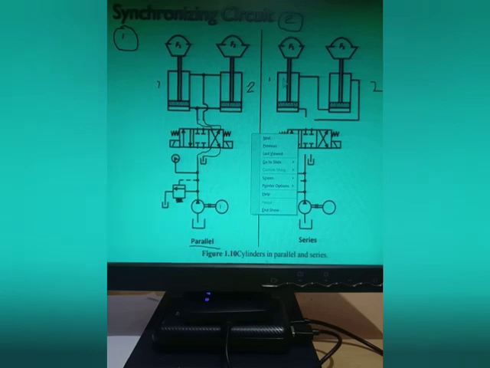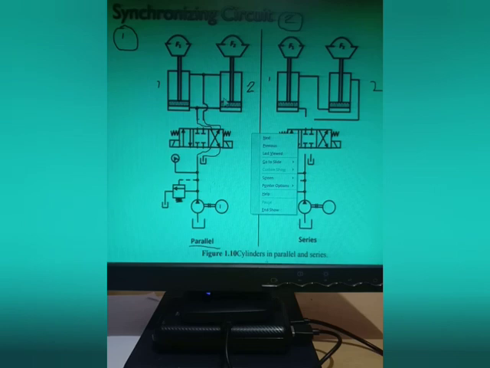Here the same circuit you can make by using the flow divider. When we studied the flow control valves, we saw one important valve which is known as the flow divider. So this circuit can also be made by using the flow divider, but in this case we have made this circuit by using the 4x3 solenoid operated direction control valve.